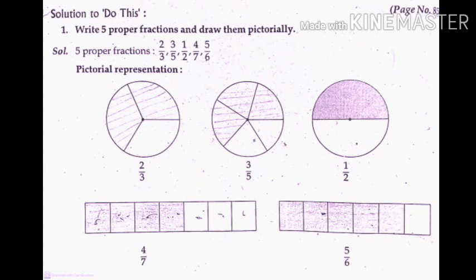The first fraction is 2 by 3, because here 2 parts are shaded and total parts are 3. Second picture 3 by 5. Third picture 1 by 2. Fourth picture 4 by 7, because here 4 parts are shaded and total parts are 7. Fifth picture 5 by 6. Here 5 parts are shaded and total parts are 6.